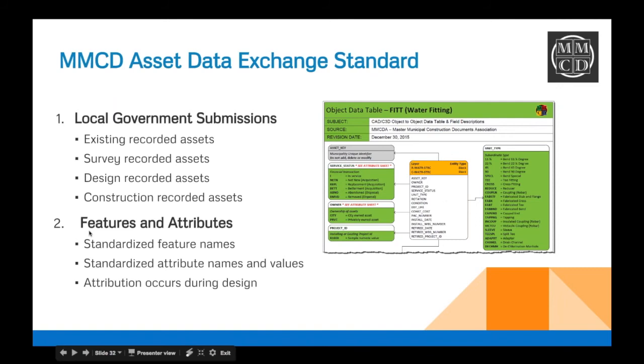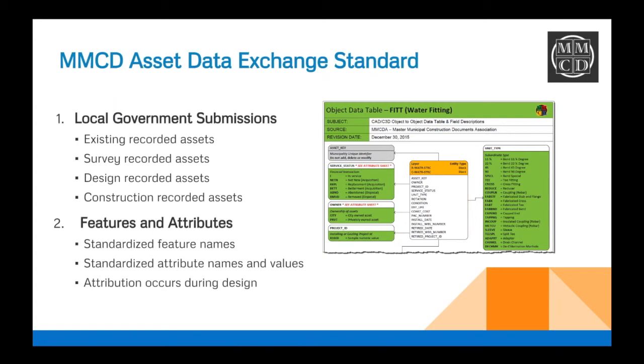And very key to this is standardization of the feature names, of the attribute names, of the values, the domains, and it would be very straightforward to create an online checking service that would double check that all of these rules were followed before the submission would be accepted.